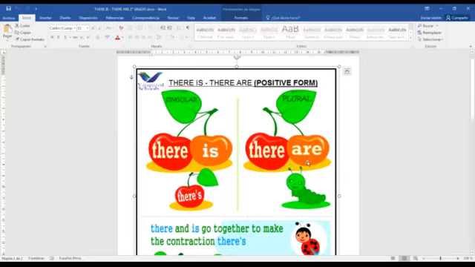there are oranges. ¿Ok? Entonces, yo voy a utilizar there are cuando hablo de los sustantivos en plural y voy a utilizar there is cuando hablo de un sustantivo en singular. ¿Ok? There is for singular, there are for plural. Don't forget, this is positive form.